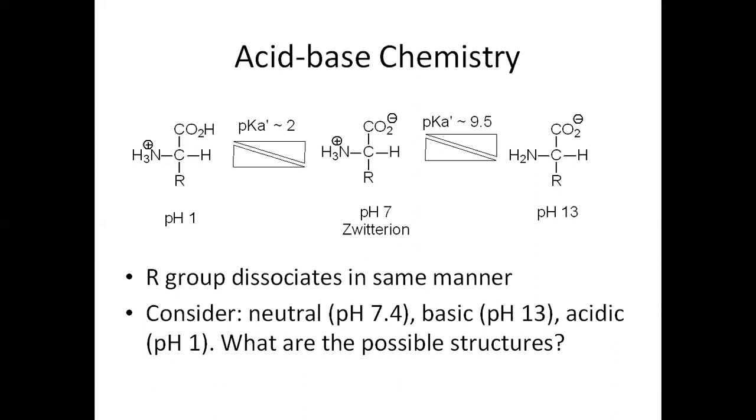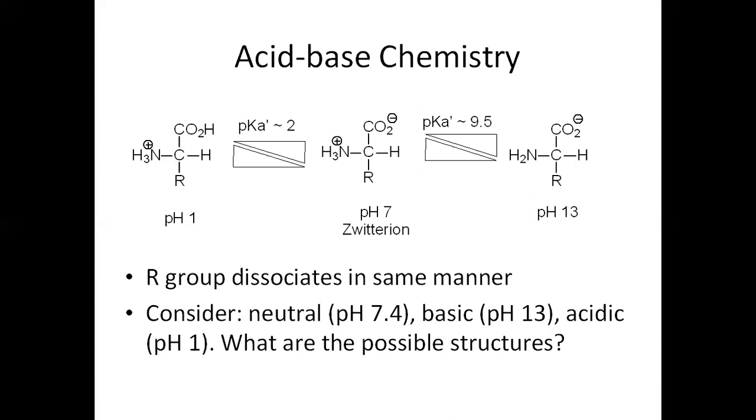The triangles that are descending in height on the bottom and increasing in height on the top represent the fact that as we move from pH 1 to pH 7 to pH 13 by the addition of base, the number of molecules of the left structure is decreasing, and the number of molecules of the zwitterion structure are increasing as we approach pH 7.